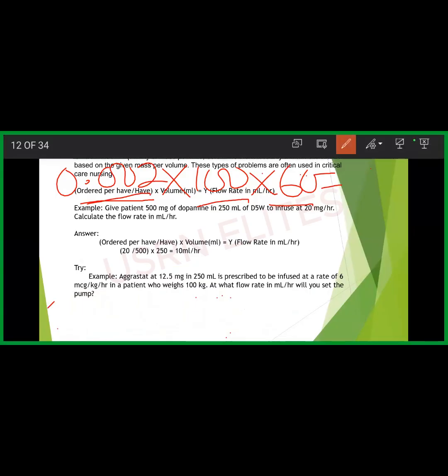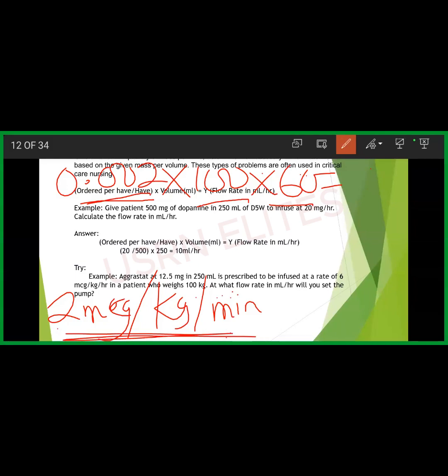The prescription was 2 micrograms per kg per minute. I explained before we even started this that when you have a prescription like this, what it means is that for every minute, all of this should go.